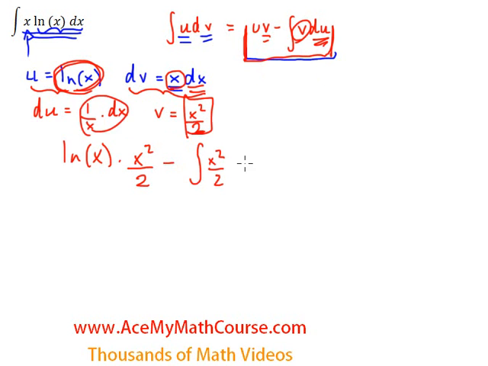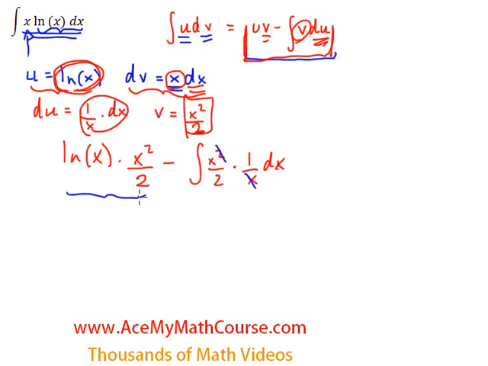And du is just 1 over x dx. So look at how nicely this is going to work out. x squared over x, they just cancel out, so I get essentially x times 1 over 2, so x over 2 dx inside of the integral here.